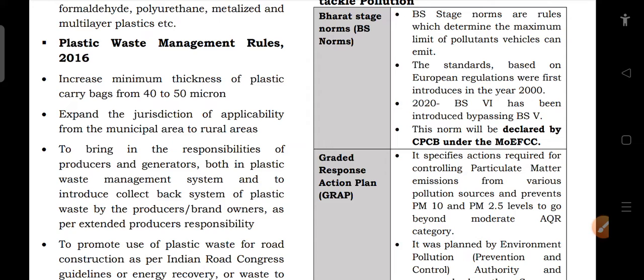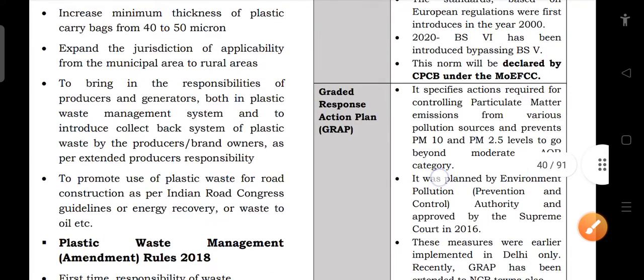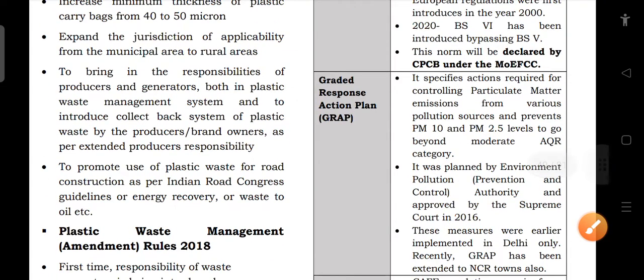And the next one is GRAP, Graded Response Action Plan. It specifies the action required for controlling PM from various pollution sources, and it will also prevent PM10 and PM2.5 levels from going beyond the moderate AQI category.